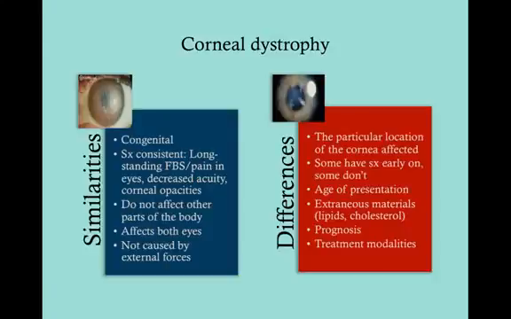The extraneous materials that you would see if you were to do a histology would be different. So some of them will make lipids, some will make cholesterol, and that's certainly not the end. There's many more extraneous materials that can be secreted into the cornea. The prognosis can be different based on whether or not we have a good treatment modality for that particular corneal dystrophy, and that kind of works into the treatment.